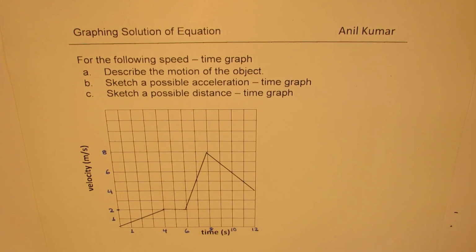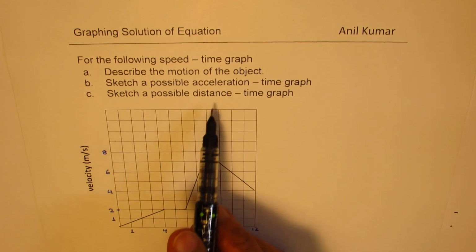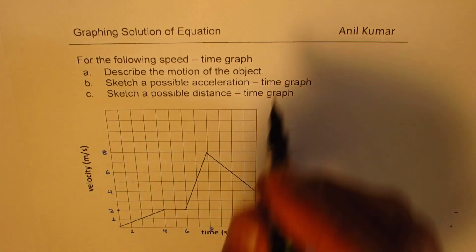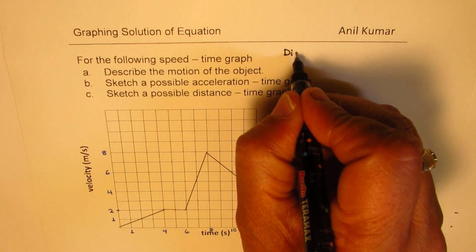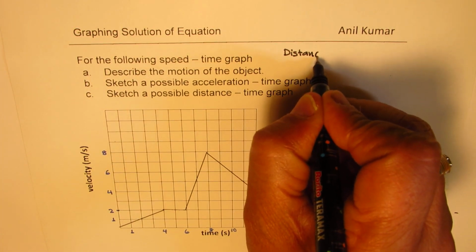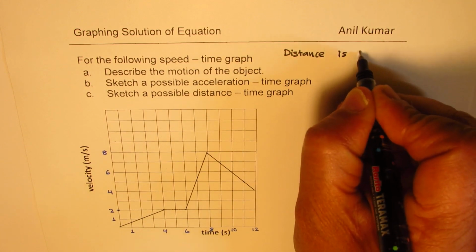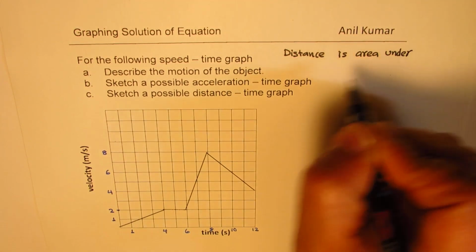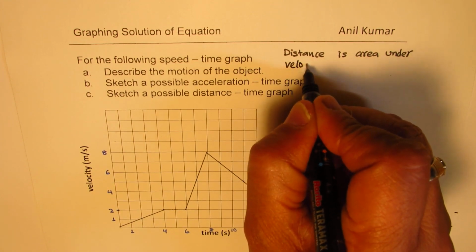Now distance is basically calculated by finding the area under the velocity time graph, right? So we know distance is area under the velocity time graph.